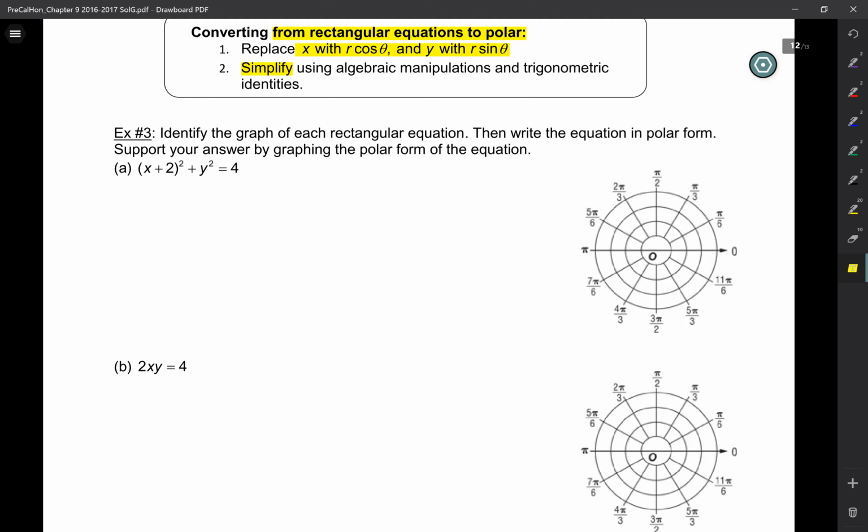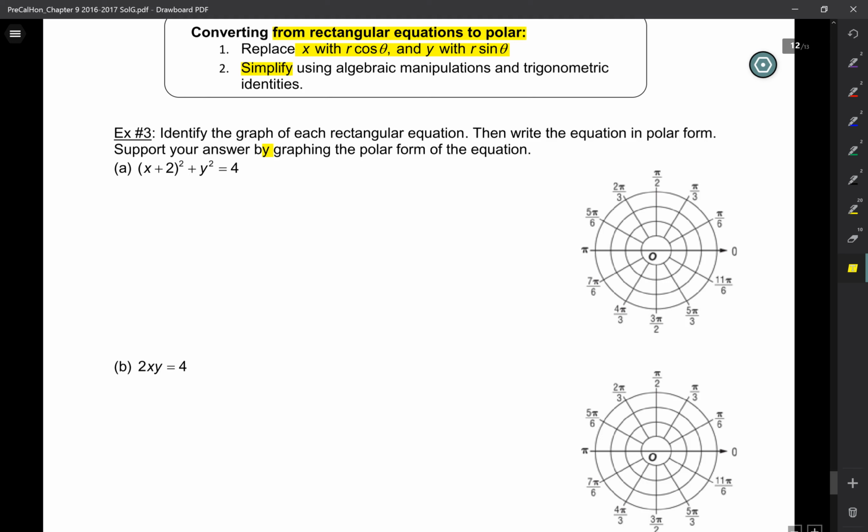So if you just take a look at this without doing anything else, what equation is this? It's x plus 2 squared plus y squared, so it's not a linear equation. What is this the equation of? When you have x squared, y squared, and a plus in the middle, this is a circle. All right? So this is a circle.